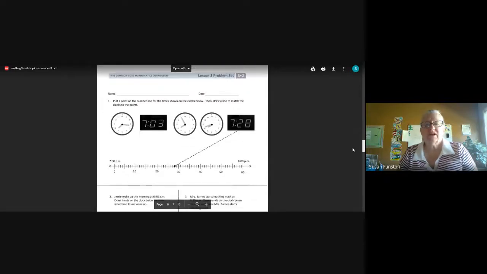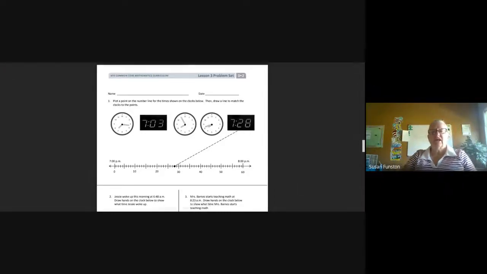So here is your assignment for today. Let's look at number 1 together. Okay, plot a point on the number line for the times shown on the clocks below. Then draw a line to match the clocks to the points. So let's see. This clock looks like my hour hand is between my 7 and my 8, so it's going to be sometime after 7.